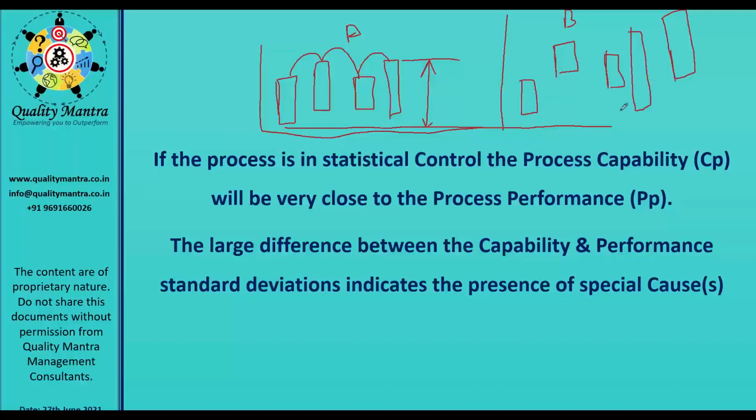So now when you calculate, here in case A, you can find that the within variation and the between variation are almost the same. So in such a case, because the standard deviation will be the same or near to each other, the CP and PP will be almost similar, CP or PP value you will get.